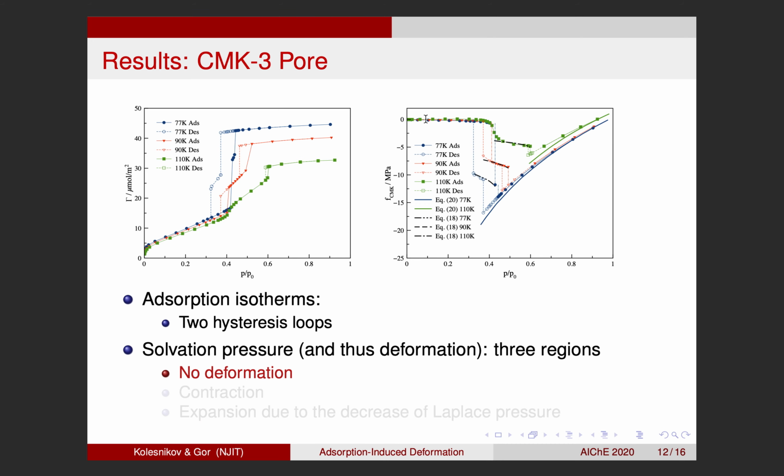First, we have no deformation here. Second, we have contraction, and then continuing contraction, and then expansion due to the Laplace pressure. I want to emphasize that this part of the isotherm looks exactly like the corresponding part of the solvation pressure isotherm for cylindrical pores.